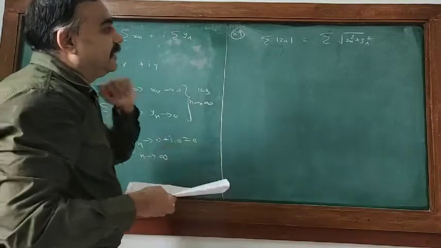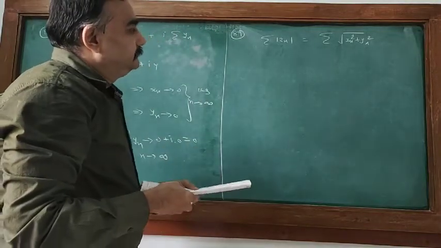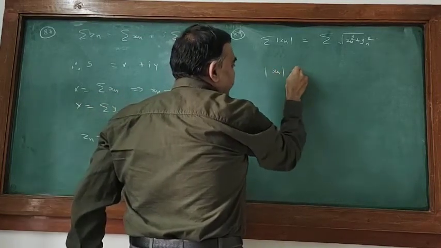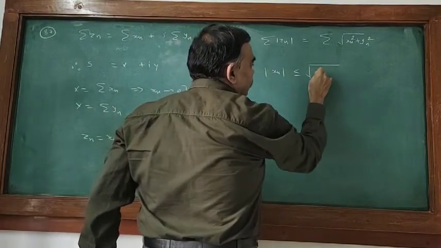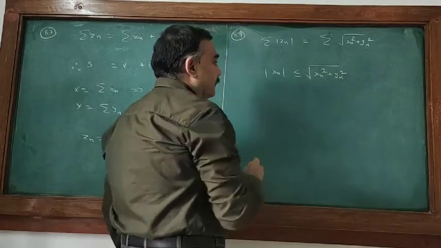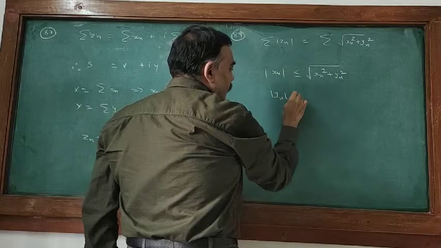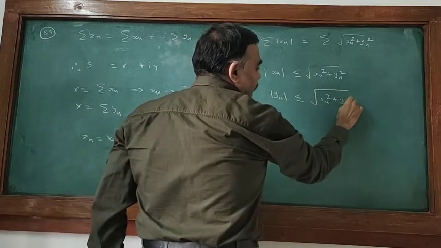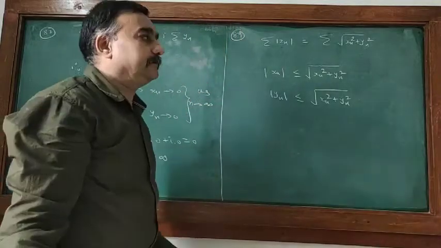This is definition 89. But you know that modulus of xn is at most square root of xn square plus yn square, and modulus of yn likewise.